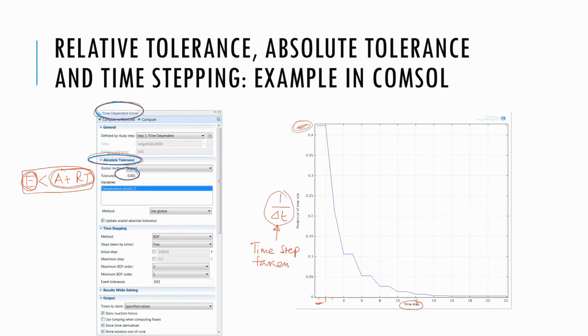But later on, when the process is not changing as rapidly, then 1 over delta t is small, meaning delta t is large, and delta t large is allowed because the system is not changing as rapidly. So even with a large delta t, you're still making errors that are less than what you wanted.